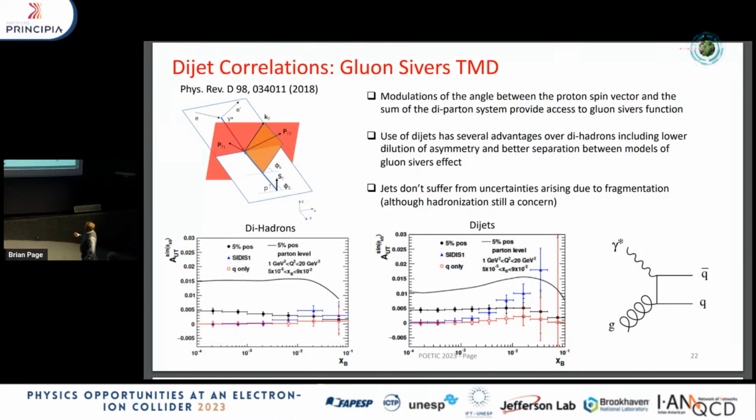And you can do this using, of course, this was studied using dihadrons, charm, either inclusive charm measurements or dijets. And it was found that dijets actually give you the best control and the best access to the underlying Sivers asymmetry. Again, this is leveraging the fact that your jet proxies for the outgoing partons.